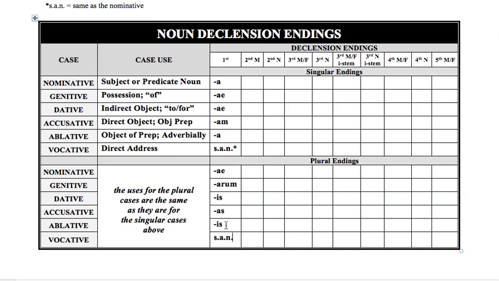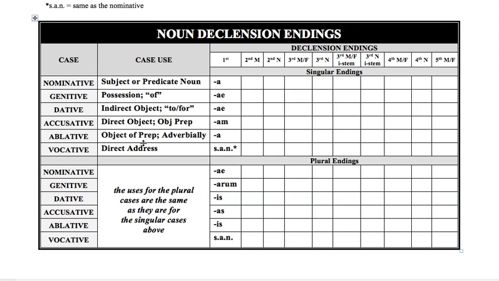Fantastic. Now what we're going to do is go back to the top and pronounce the endings together on the count of 3. 1, 2, 3. Ae, arum, is, as, is.